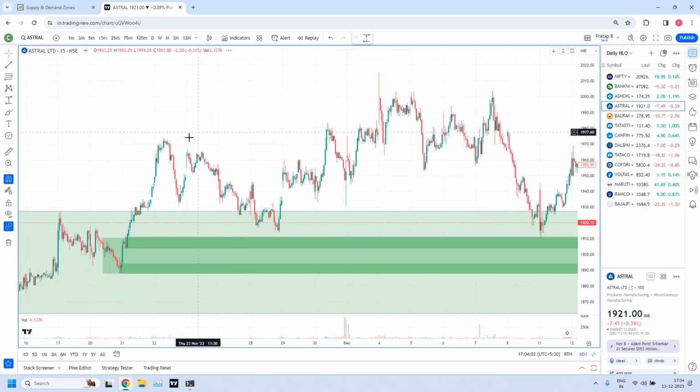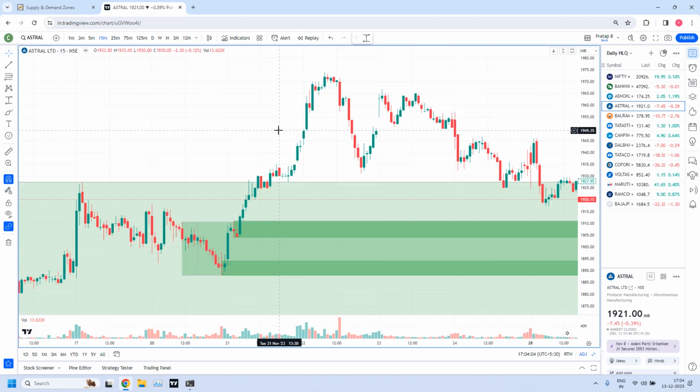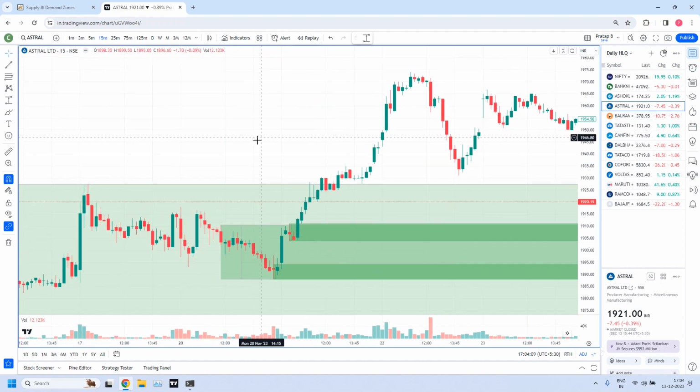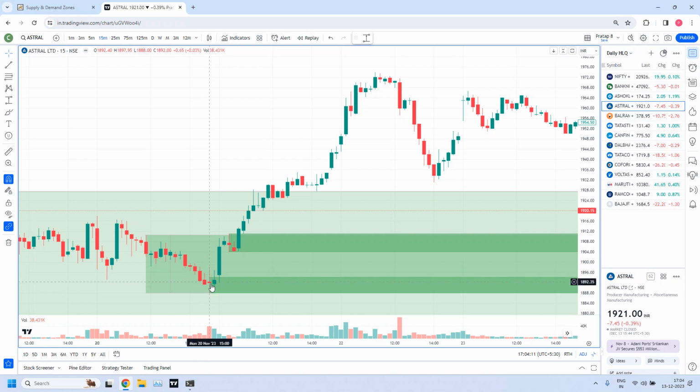So this is the 15 minutes time frame. Inside the 75-minute zone, we identified two excellent 15-minute zones. One is, see here, we have an ERC candle, then we have a base candle, and then we have a rally candle.